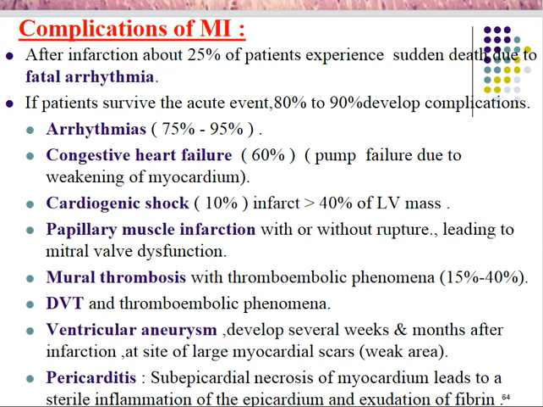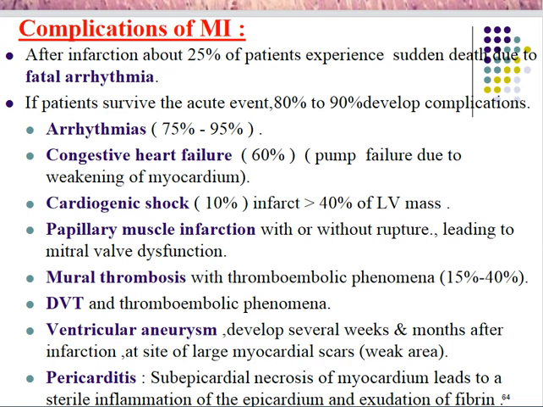Some types of arrhythmias are fatal and not compatible with life, so the most common complication of the myocardium, about 25%, will develop sudden death because of fatal arrhythmias under the influence of a defect in the neural system of the heart between the SA node and the various neural supplies of the heart.